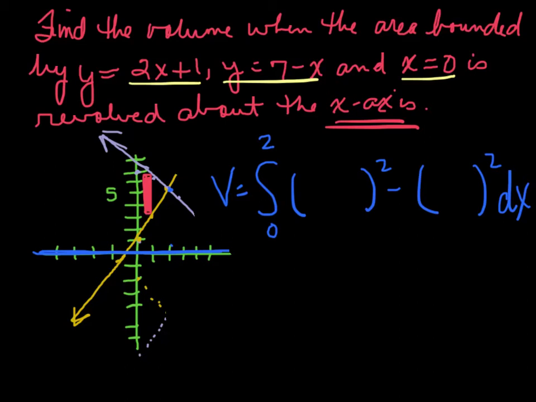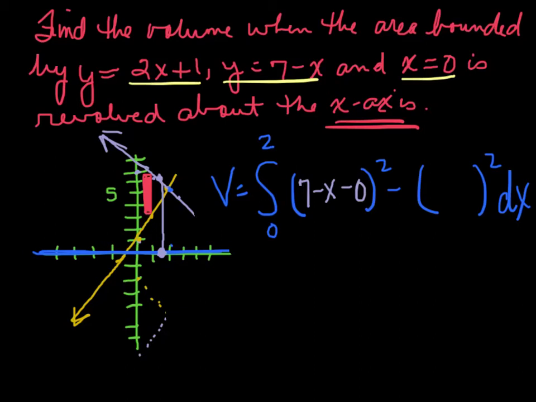The big radius always goes from the axis of revolution to the curve farthest away from it, so it'll be up to here. Then you want to do top minus bottom. The top is your line, 7 minus x, minus the bottom, which would be 0.